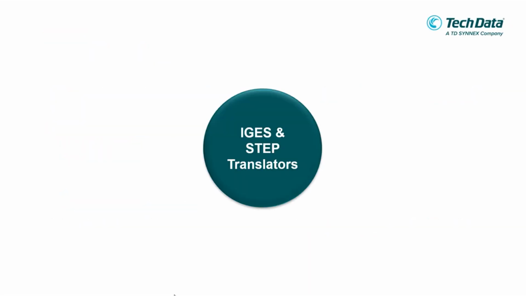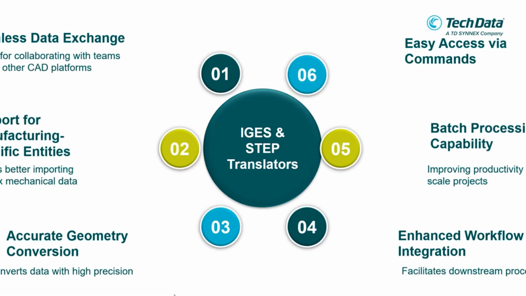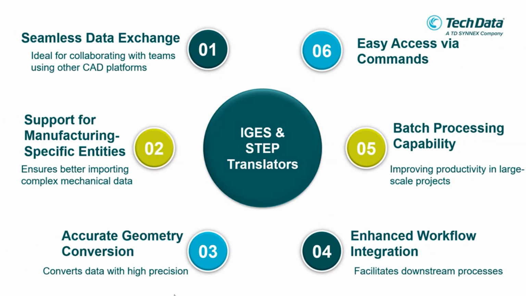There are multiple benefits of utilizing the IGES and STEP file formats. Let us discuss in detail how they can be used with AutoCAD Mechanical Toolset. Seamless data exchange: commands that allow you to import drawings between the IGES and STEP file formats, ideal for collaborating within teams. Support for manufacturing specific entities: translators used in manufacturing drawings ensure better usability when importing complex mechanical data.